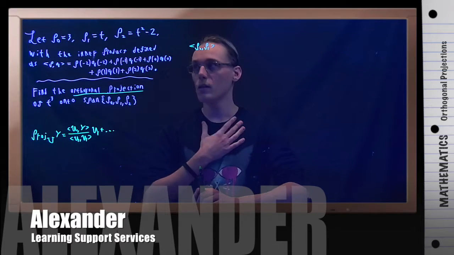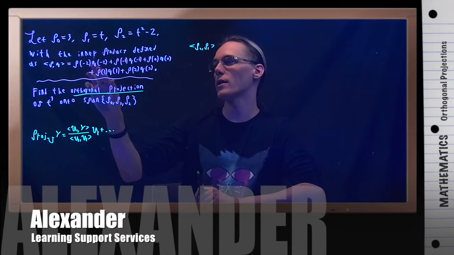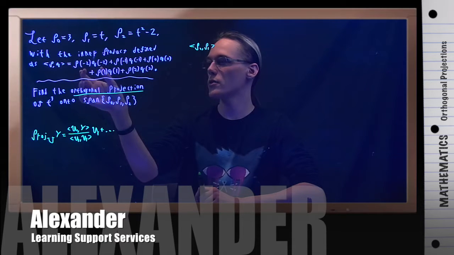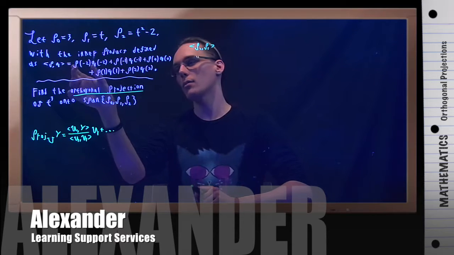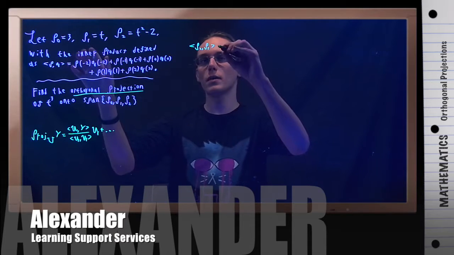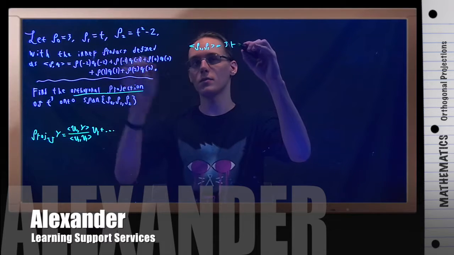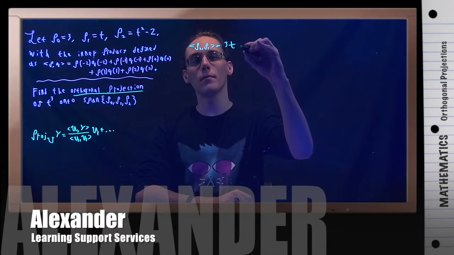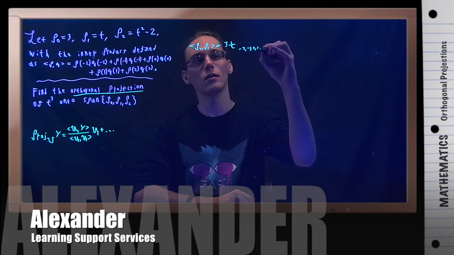I find it easier to multiply these together first and then evaluate, as opposed to evaluating and then multiplying. And notice, if you remember how functions and polynomials work, that's totally legitimate. I'd plug in the value for each one of these and then multiply, or I'd multiply and plug in the value. I'll get the same result. So this is going to be 3t, 3 times t, evaluated from -2 to 2.